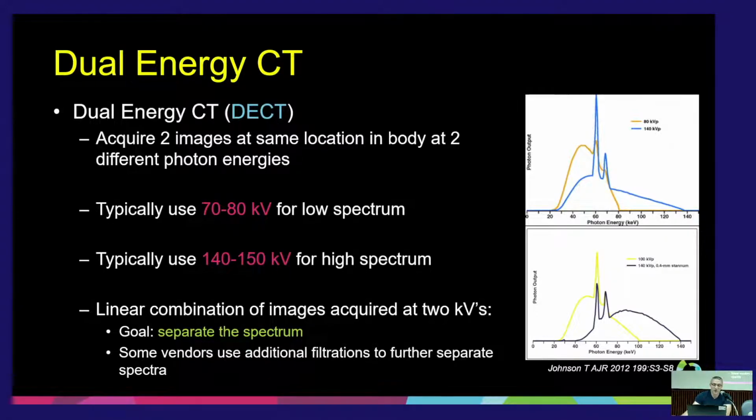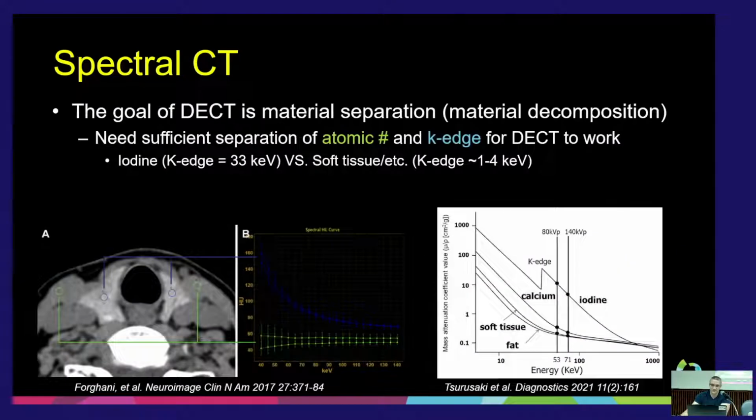And so the way you can do that, of course, there's lots of different ways, and each vendor has their approach, and we'll talk about in a minute. But one of the main approaches is some vendors will use filtration. So for 1 kV, there will be certain filtration, and another kV, there'll be like a tin filter or an aluminum filter, and that causes a larger separation of the two spectrums.